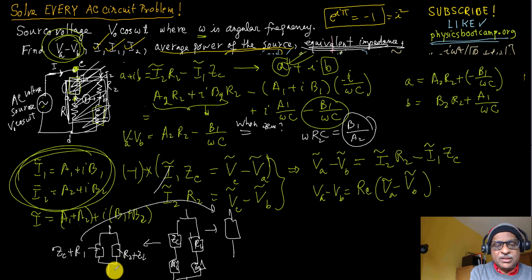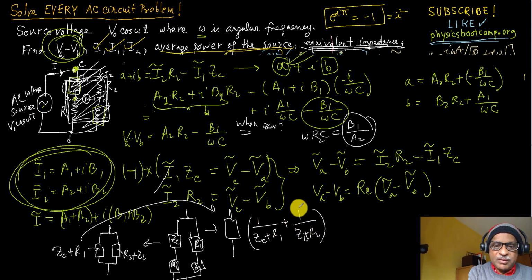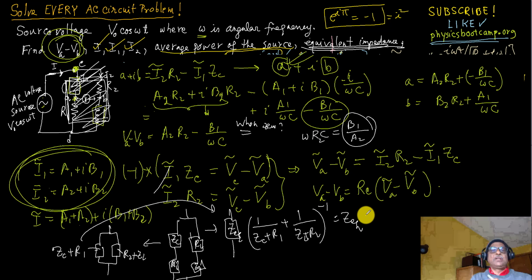Now these are in parallel, so the impedance is going to be equal to 1 over ZC plus R1 plus 1 over ZL plus R2, inverse. So this will be the Z equivalent. There are many other questions you can answer once you map it into a semi-resistive circuit. It's not purely resistive because there are phases involved here.